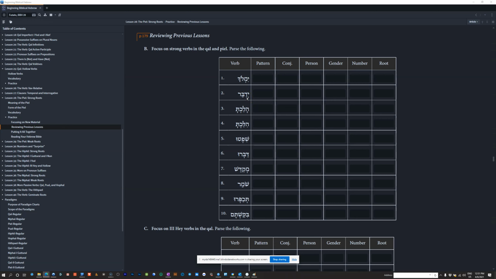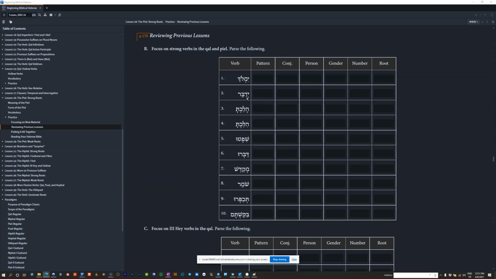Number five, looking at this, I don't see a prefix. So I can't tell whether or not it's imperfect. I guess I could say I can tell it's not imperfect, but it could still be infinitive or imperative because those two forms don't have the prefix. But as I continue to look here, I see a shureq. Well, that tells me right there it's not going to be infinitive construct. Could it possibly be an imperative 2MS?